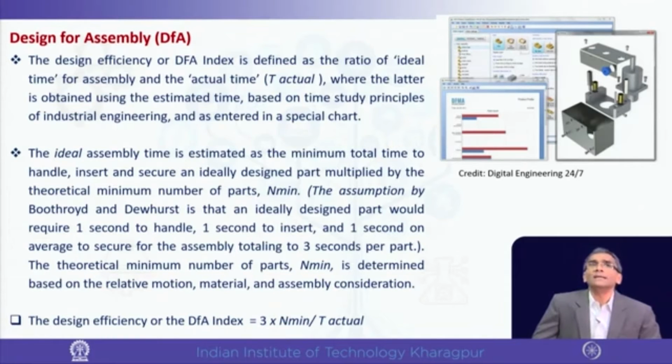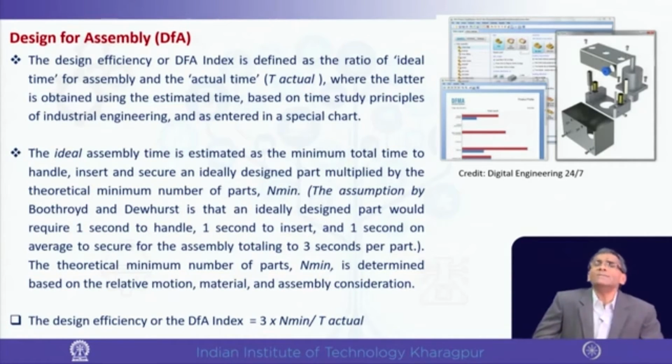That is, first 1 second to handle, 1 second to insert and 1 second to secure. So 1 plus 1 plus 1, 3 seconds is what ideally it should take, but if it takes more than that, that means it is not very efficient.